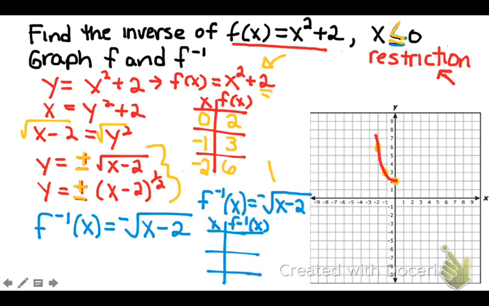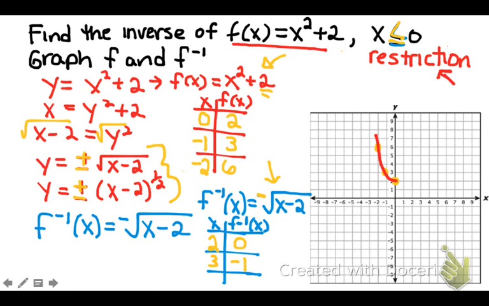Now for the inverse. If I try to put in a 0 underneath the radical, I'm going to end up with a negative 2 under the radical, and then we're messing with imaginary numbers. So let's try a 2, because 2 minus 2 is going to be 0. If I say 3 minus 2, that will give me a 1, but I have this negative on the outside of the radical, so negative 1.